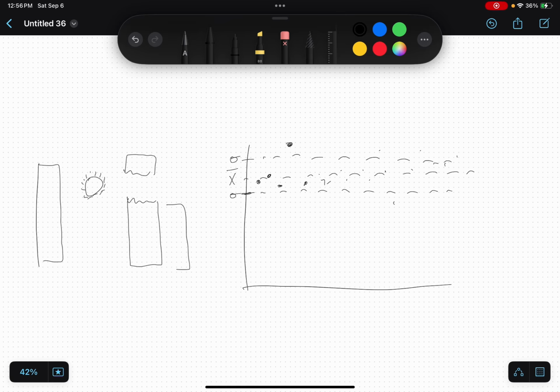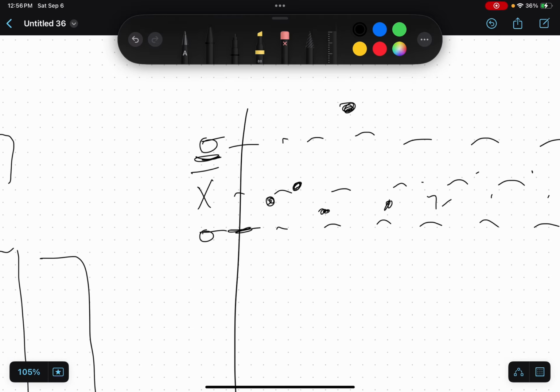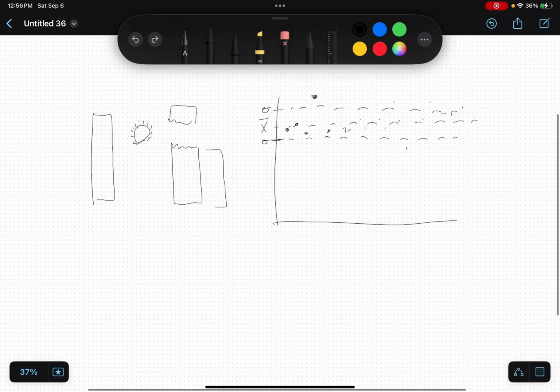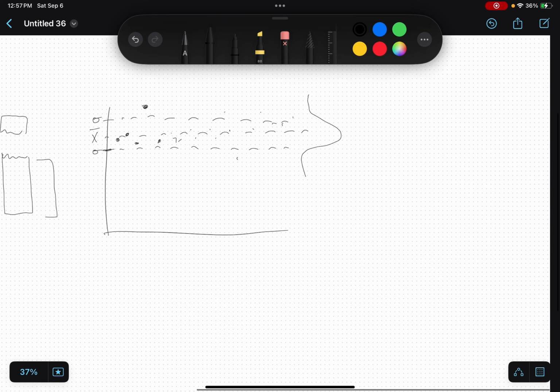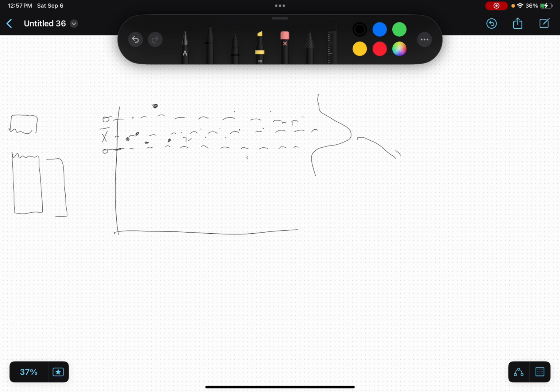So what is Six Sigma? Well, sigma is standard deviation. So what do they mean when they say Six Sigma? Effectively on this drawing, the standard deviation would look something like that. But I'm going to redraw it so it's not sideways.